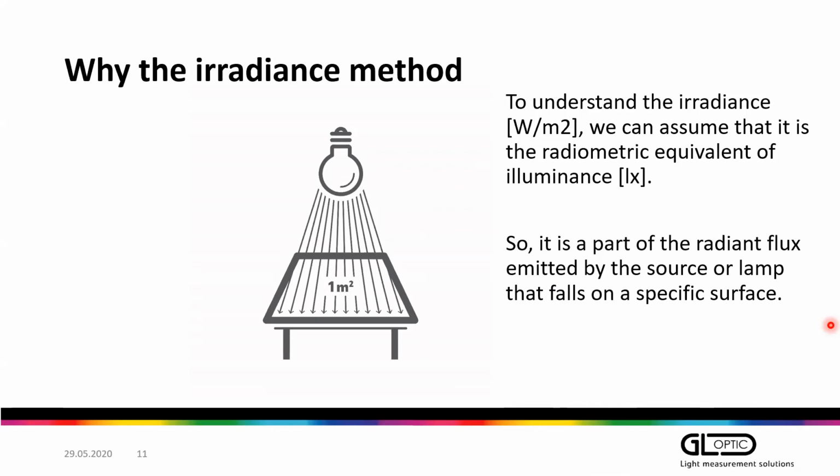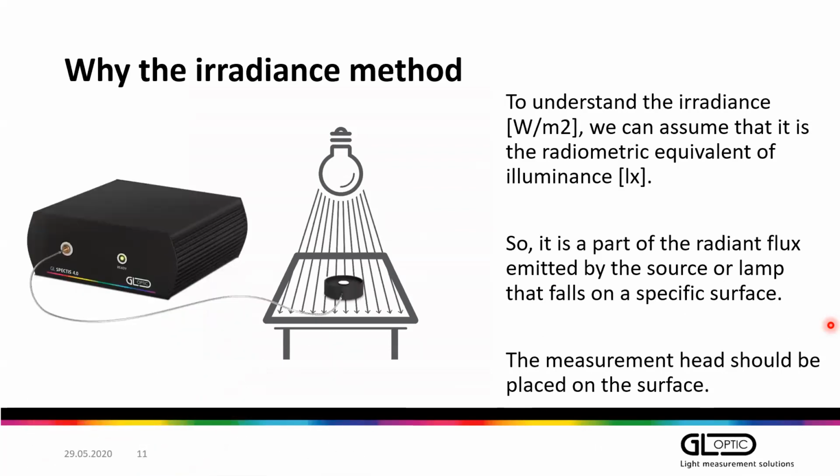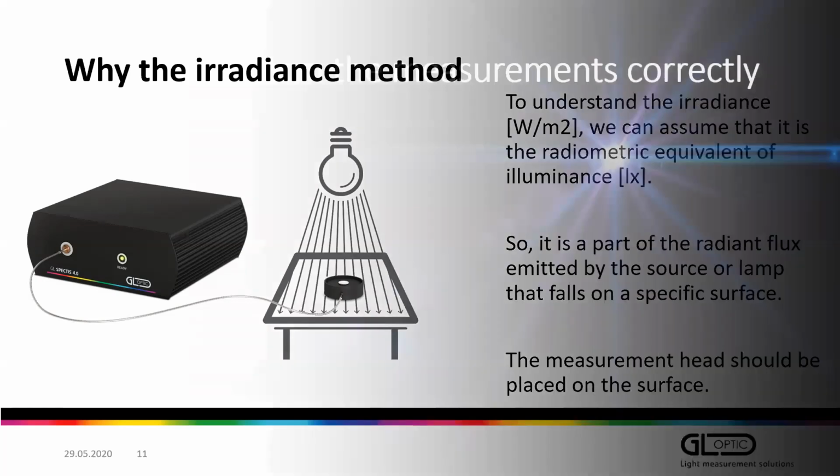And this is something we will be discussing in a moment. The measurement head should be placed flat on the surface, because this is how we are usually supposed to measure irradiance. So the measurement head is placed in the location where we are trying to measure the amount of optical radiation.